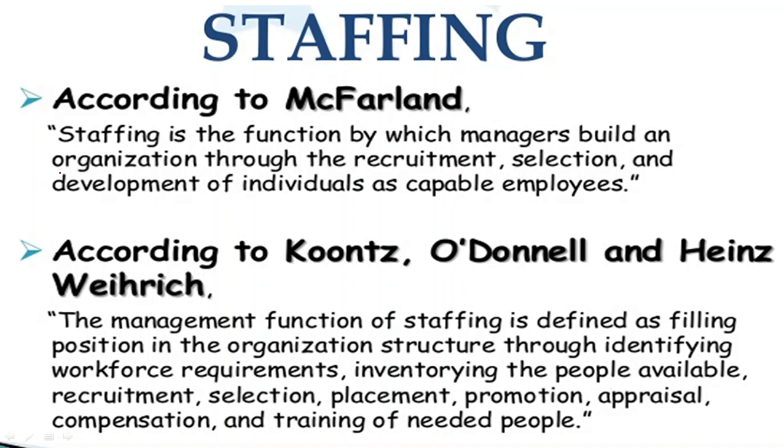According to McFarland, it is the function by which managers build an organization through recruitment, selection, and development of individuals as capable employees. So you are turning an individual into a capable employee by recruitment, selection, and development, which we will discuss in detail further.